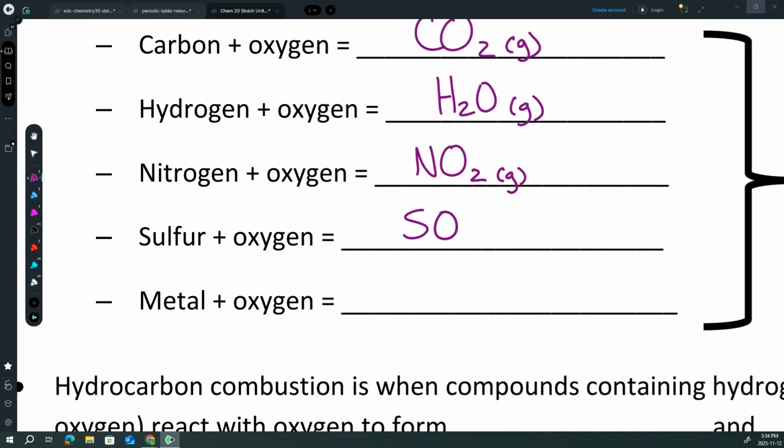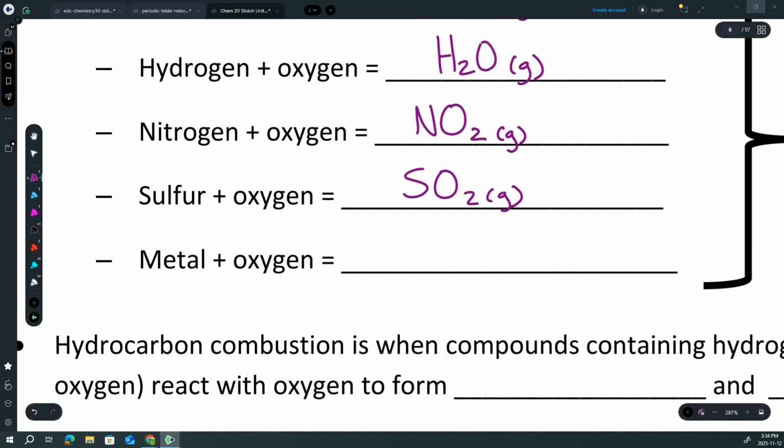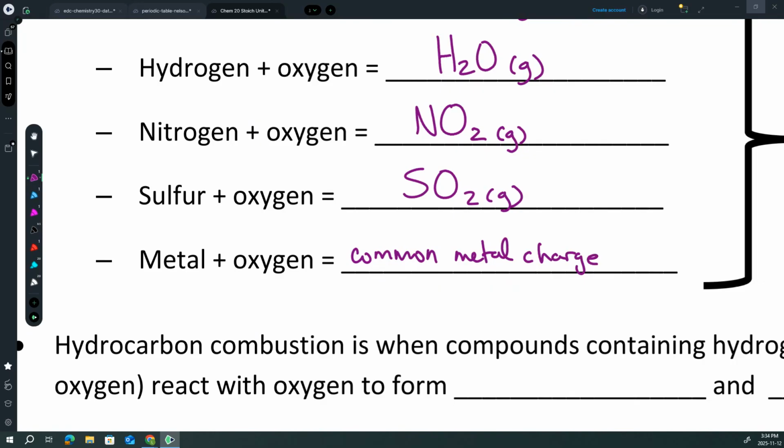Sulfur and oxygen would be sulfur dioxide. And then some metal with oxygen would be the most common metal charge. That's going to be the first charge listed on the periodic table, and then the oxide ion with that. So, common metal charge, and I'm going to put charge in brackets because when you've written the charge for some multivalent metal, you put it in brackets with the Roman numerals.